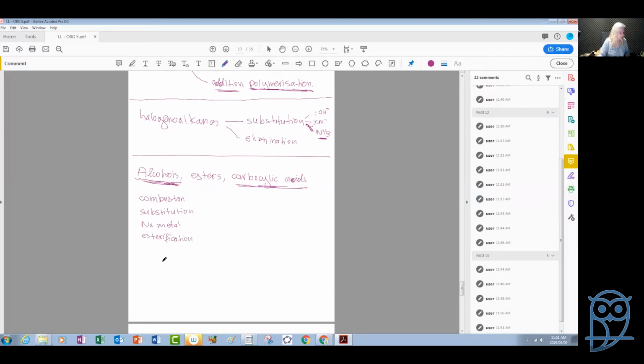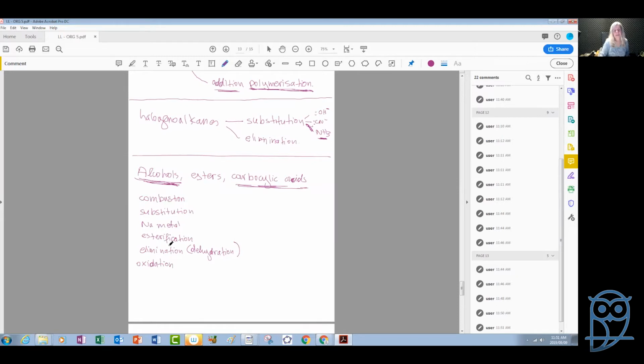They undergo esterification reaction, which can also be called condensation reaction, but let's stick to esterification. Of course, they can undergo elimination reactions because they belong to this category, which in the case of alcohols we call dehydration. Dehydration is the same thing. And lastly, we're going to see oxidation reactions.